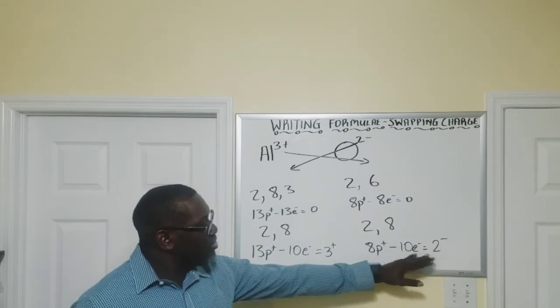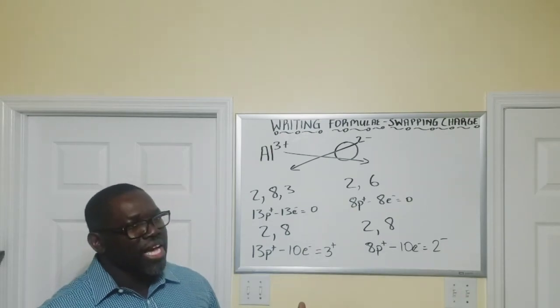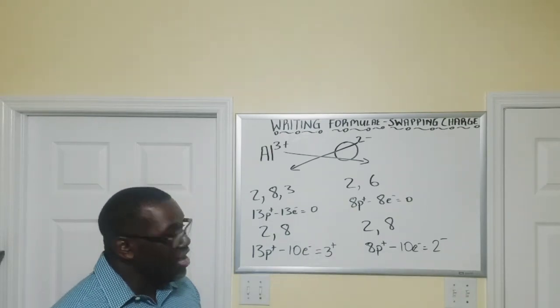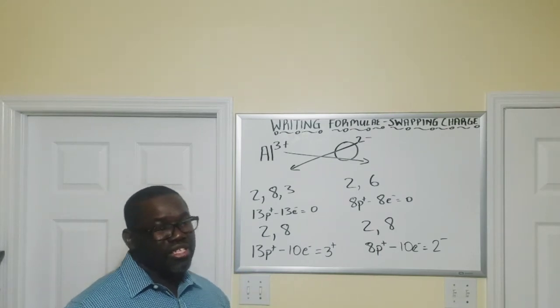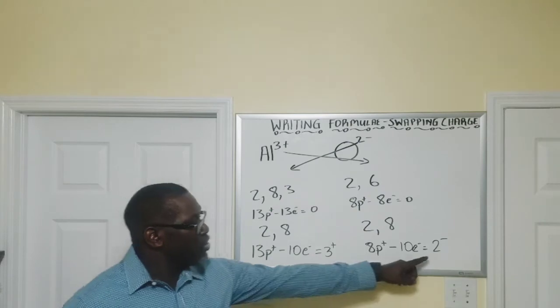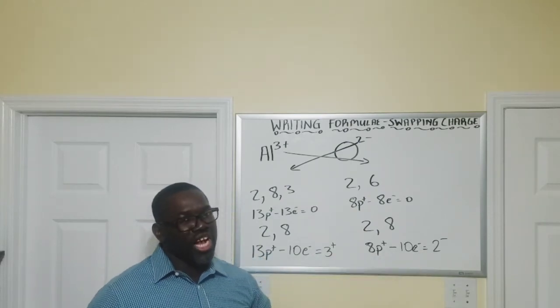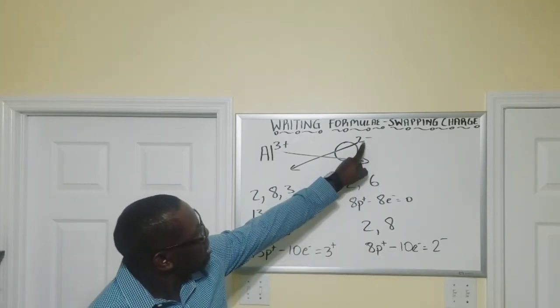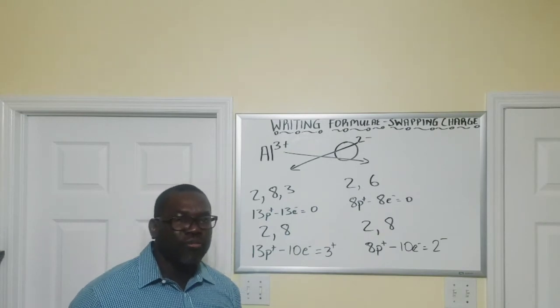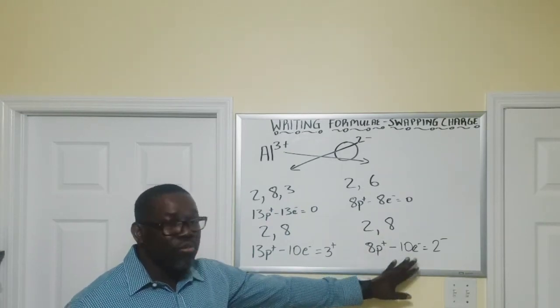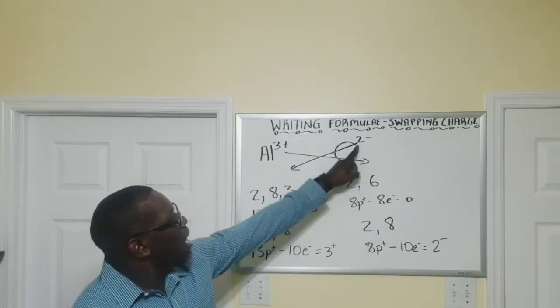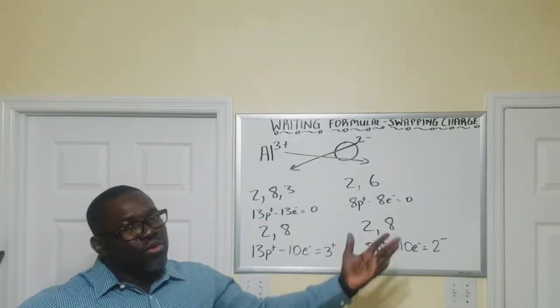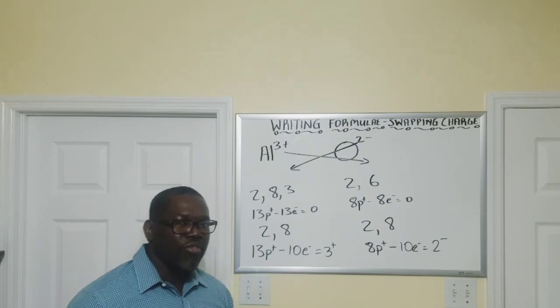So 8 minus 10 is minus 2, ding ding ding. We don't write minus 2 because that is something specific in chemistry. We write 2 minus, which is the charge of the species. So that is where this 2 minus comes from. It comes from the fact that the number of protons is less than the number of electrons. Hence 2 minus. So now you see where those numbers come from.